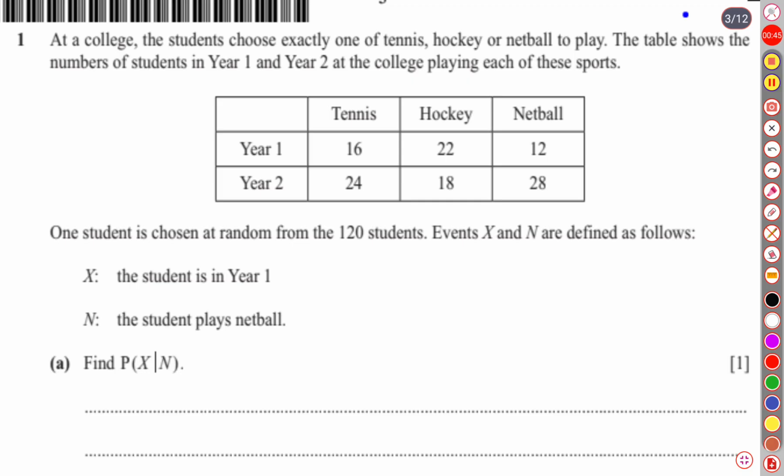One student is chosen at random from the 120 students. Events X and N are defined as follows. X is the student is in year 1, and N is the student plays netball. Find the probability of X given that N.